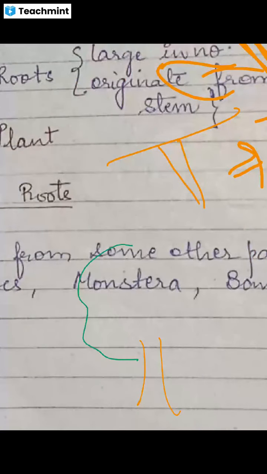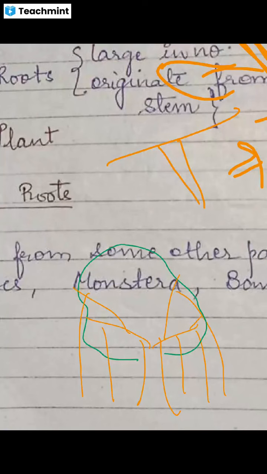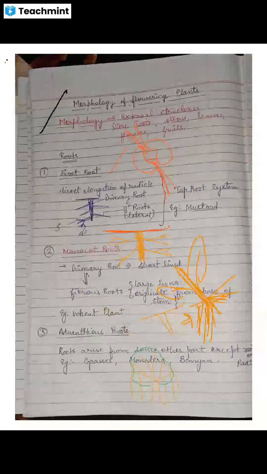This is a banyan tree, and it has hanging roots, which are called prop roots. They arise from the stems, from the branches. So these are called prop roots, and they are adventitious roots. Okay, next.